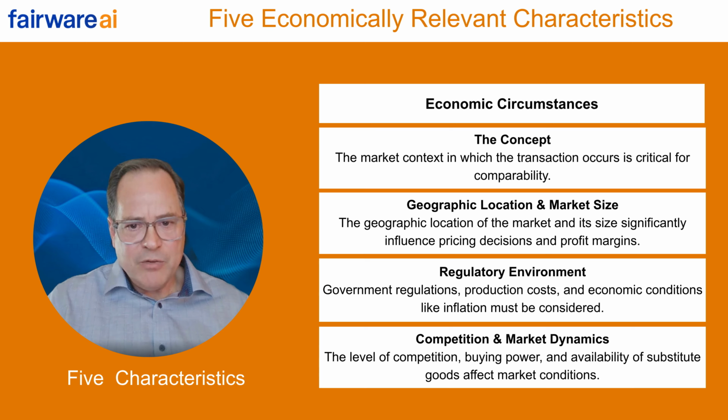Recently, we've seen a lot of transfer pricing focus on planning around tariffs. How do we optimize our transfer pricing with respect to increased tariffs? And this fourth factor has a lot of focus on it.